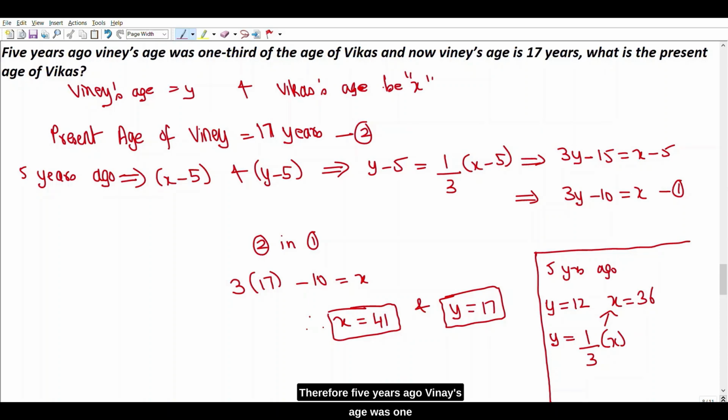Therefore, 5 years ago Vinay's age was one-third of the age of Vikas is right, and henceforth we conclude that the present age of Vikas is equal to 41. Let us move on to the next question.